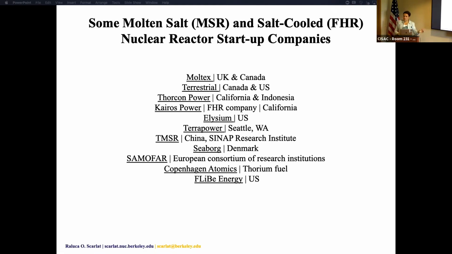There are other countries and other companies that are pursuing this technology. The appearance of these companies occurred over the last decade. And before the last decade, I would say it was really quite unthinkable that we would imagine a thriving startup ecosystem for molten salt reactors.